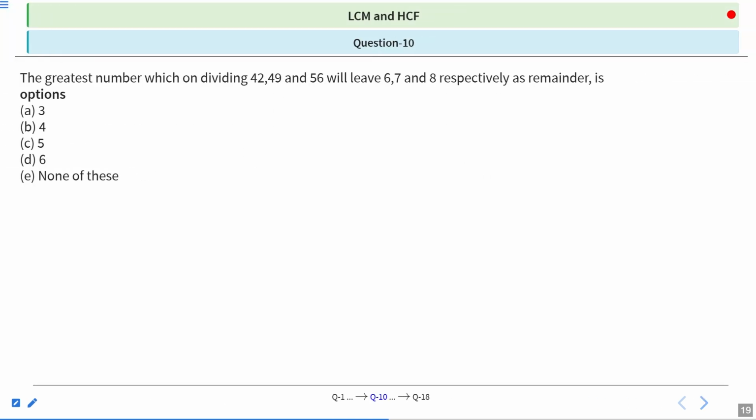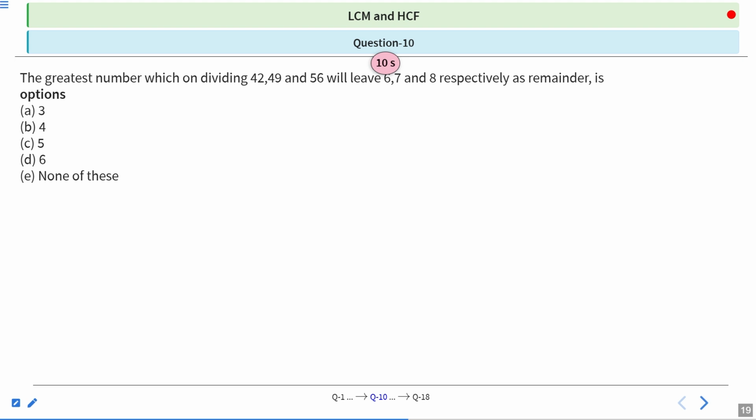Next is: the greatest number which on dividing 42, 49 and 56 will leave 6, 7 and 8 respectively as remainder. The options are option A 3, option B 4, option C 5, option D 6 and option E none of these.